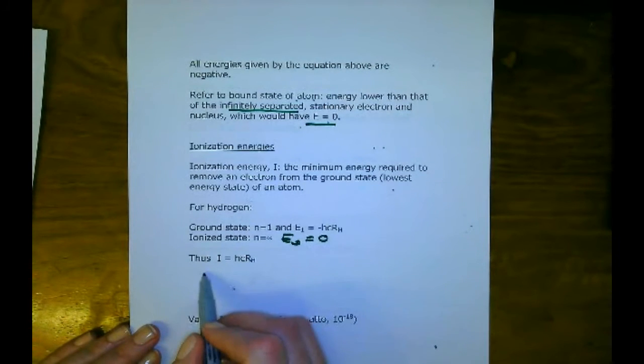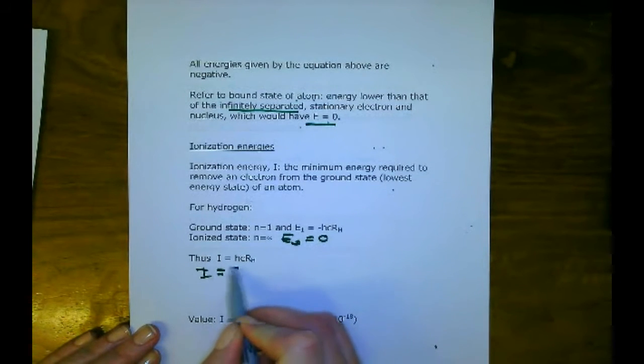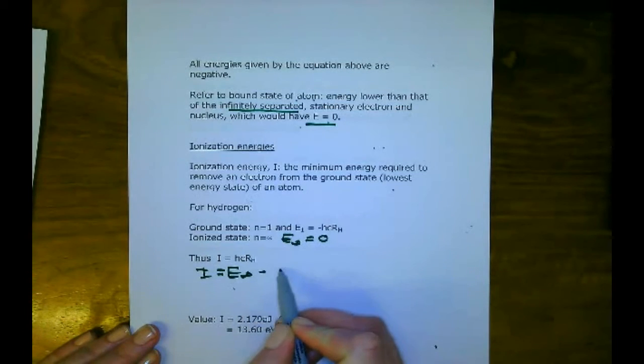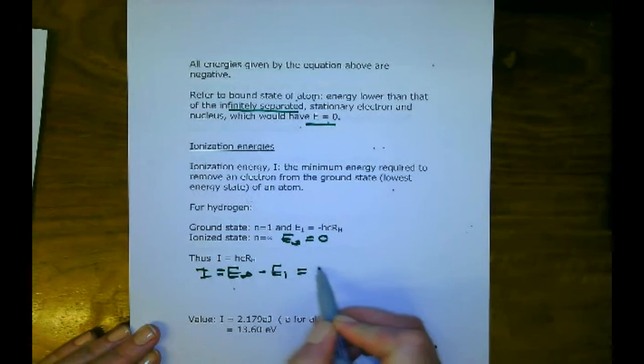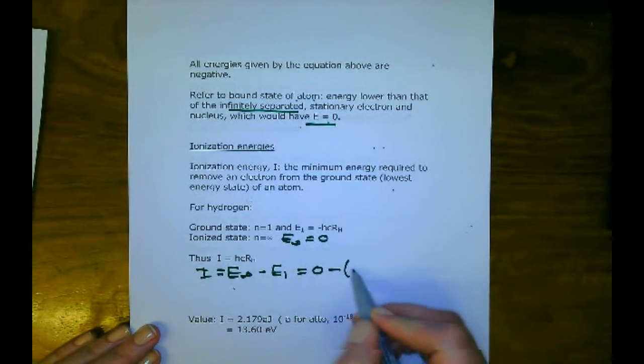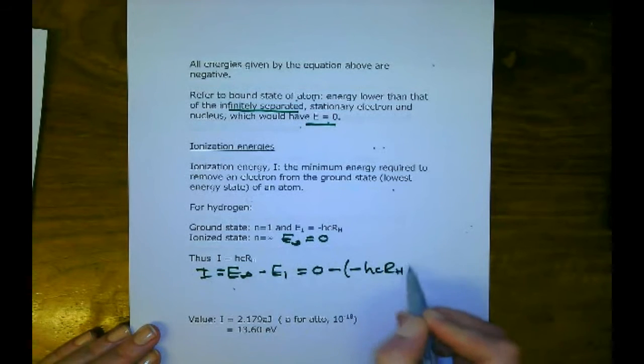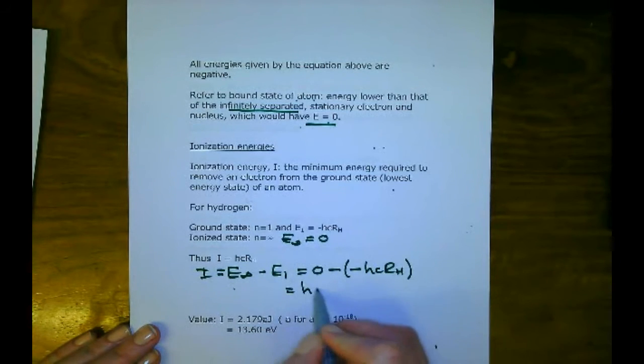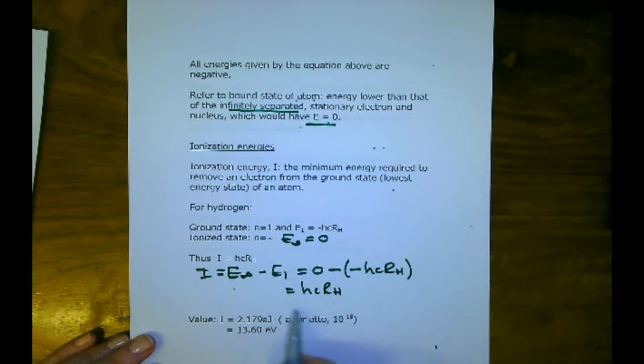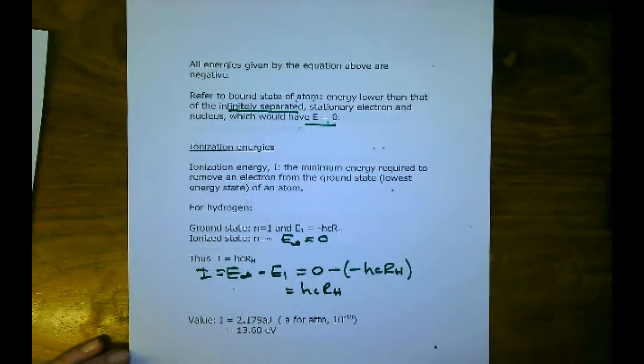So the ionization energy is E infinity minus E1, which is 0 minus (minus hcR_H), so it is hcR_H. And you can determine this value because we have the value for all of these constants. So you can determine the ionization energy for hydrogen.